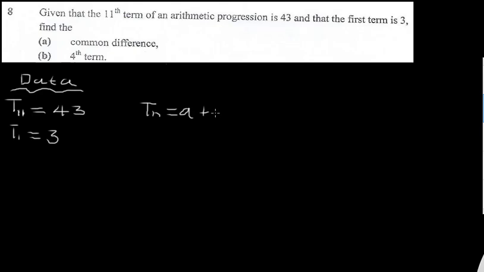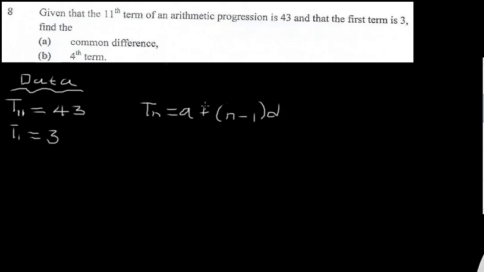So Tn equals A plus, open brackets, n minus 1, close brackets. Are we done? No. Multiplied by D, where Tn is the nth term, A is the first term, n is the value of the nth term, and D is the common difference.